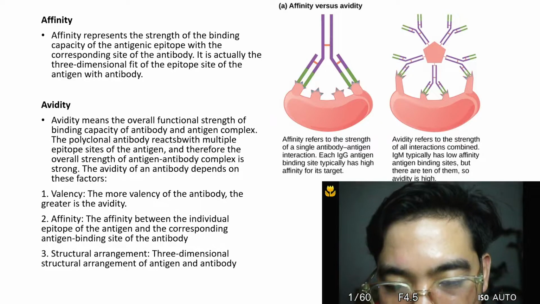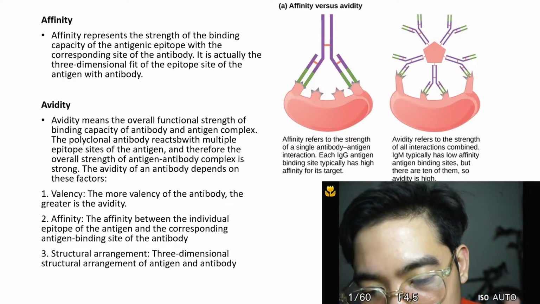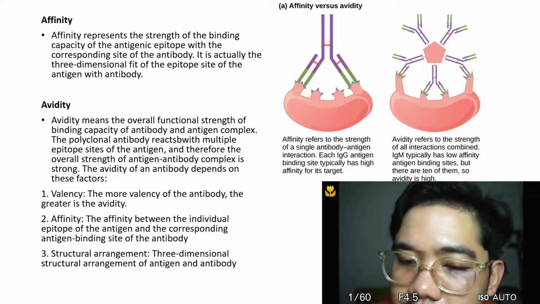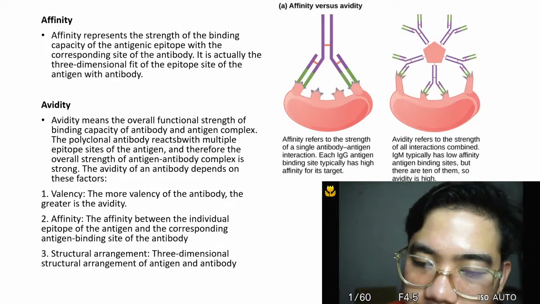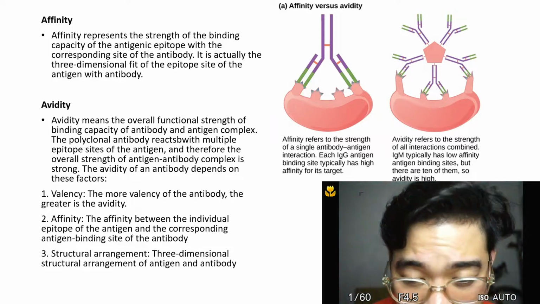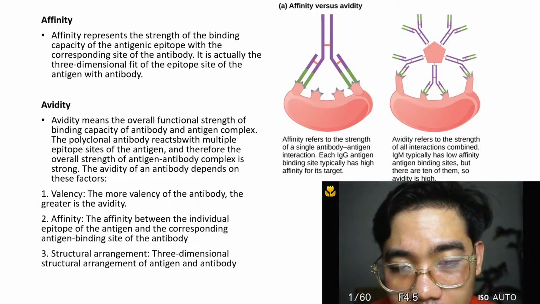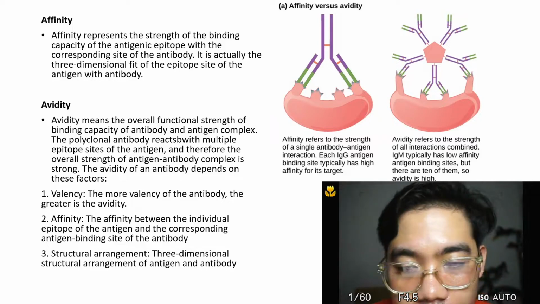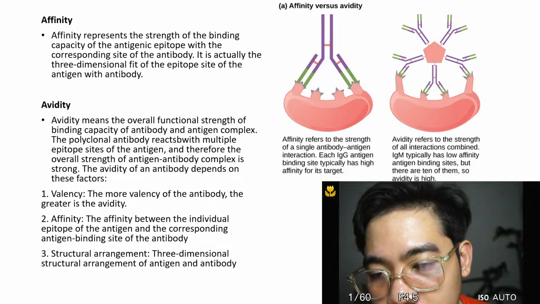So, affinity is high in your IgG. The avidity refers to the total interactions combined. Why is the affinity of your IgM lesser than your IgG?